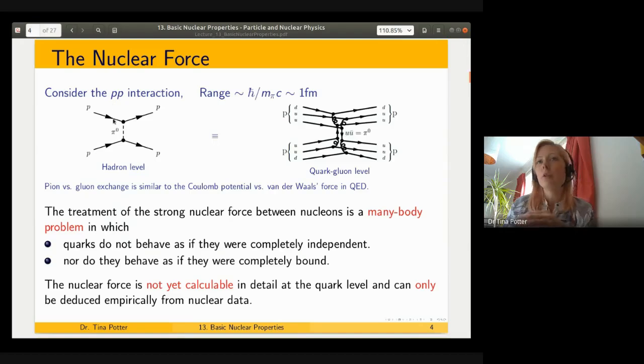Now, if two protons interact, if we have a look at this diagram here at the hadron level, if two protons scatter off of one another but do not break up, it means that they have passed between them a colorless particle, and this is actually the pion. If you remember when we had a look at the strong nuclear force when we were discussing the Yukawa potential, this is essentially what is going on.